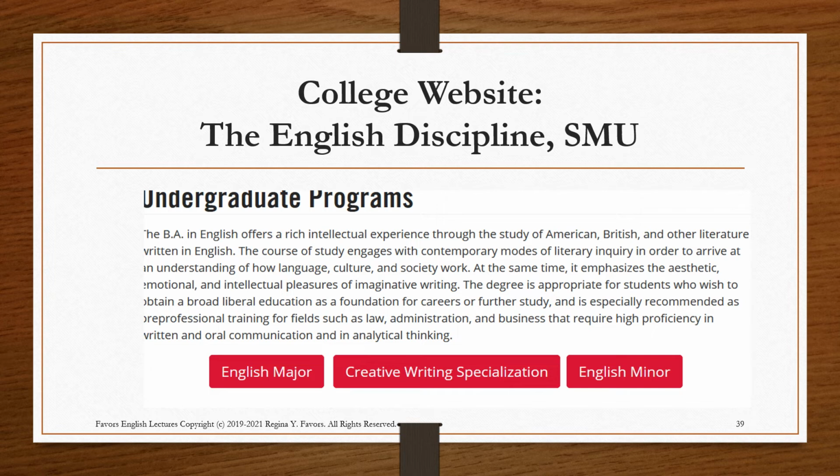Each major or each department has a major and a minor, and then some specializations as well. And so you would have to choose which one is going to be suitable for you. Therefore, I really do believe today you need to have some clue about what it is you want to do.